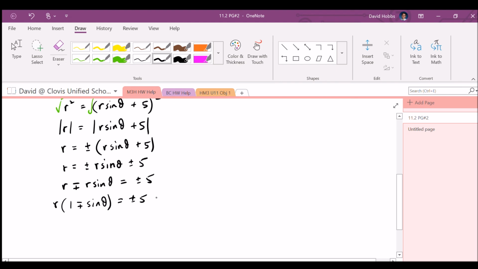Okay, so it's not done. You want r equals, and there's going to be two different versions of this: r equals something and r equals something. So go ahead and finish that off on your own.